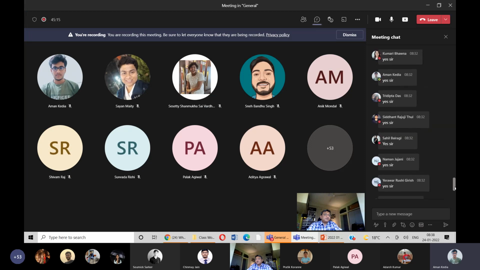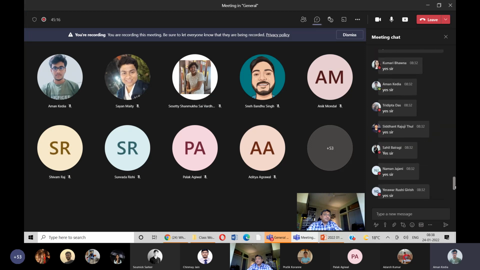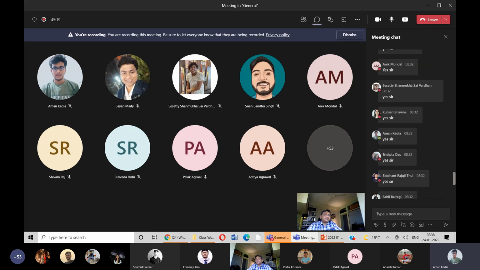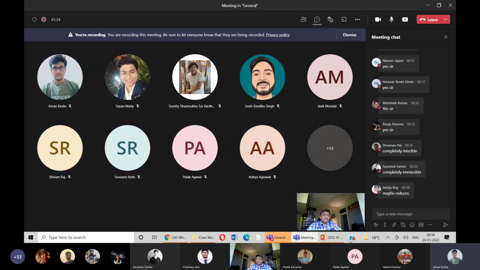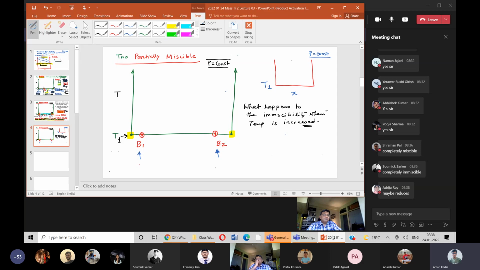Siddhant, Tridipta, Bhavna, Saivardhan, Samira, Shayan Maiti. Decreases. Very good. Patrija and Aman. Others? Shoham, decreases. Yes. So the general perception is that for most liquids, it would decrease.